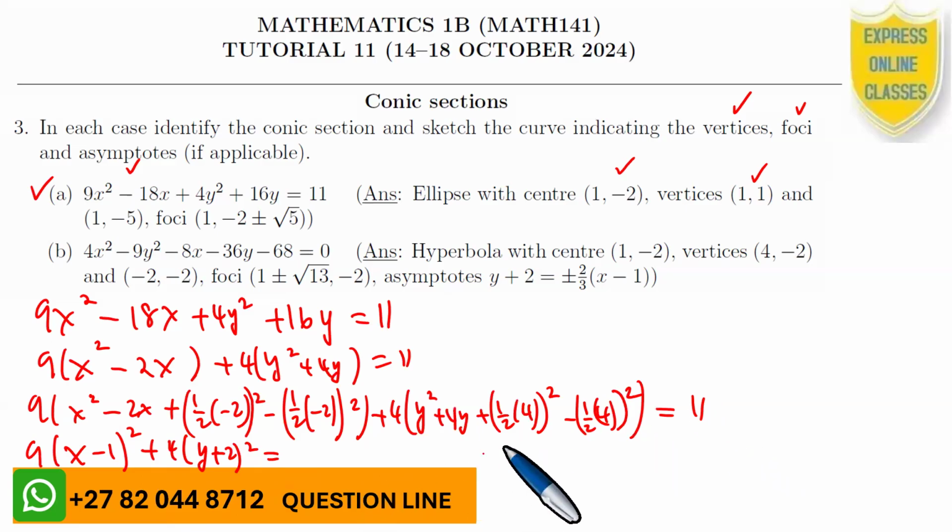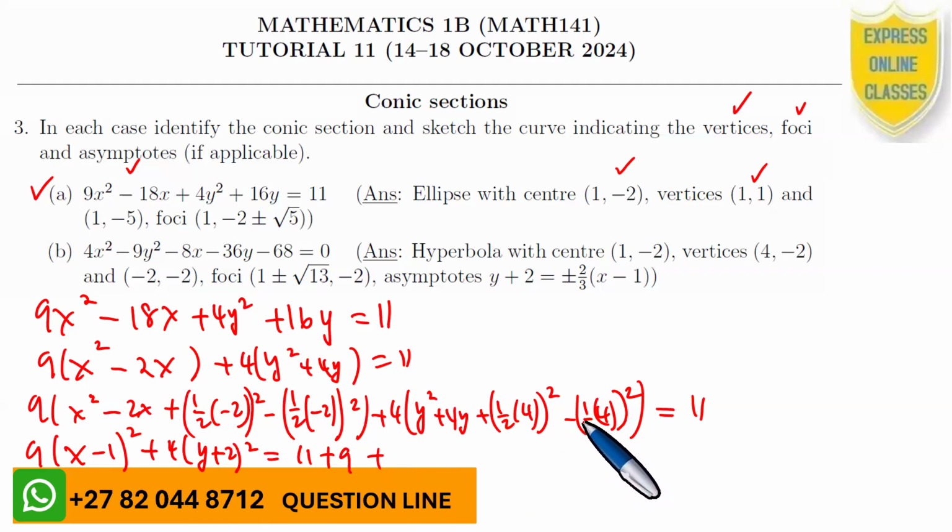Right, let me see. Yeah, that's correct. So this would be fine, but you can see that this is minus 1, and if you move it to the other side, it becomes 11 plus. This is minus 1, but if you multiply by the 9, it becomes minus 9, and if you bring it across, it becomes a 9 plus.